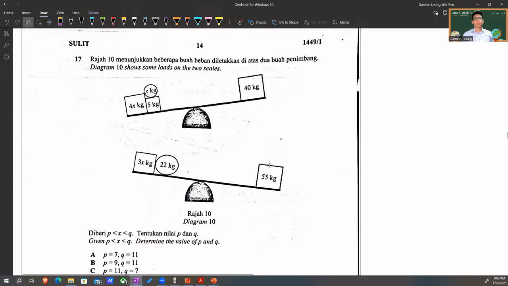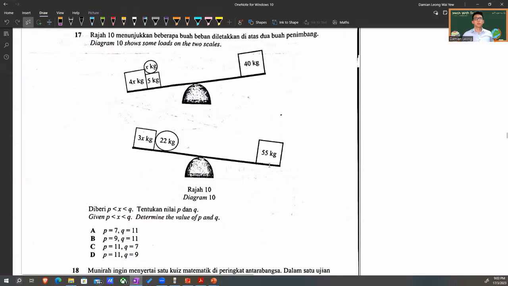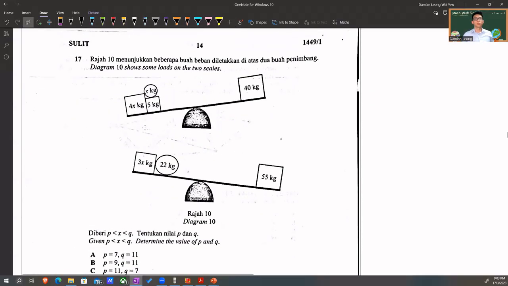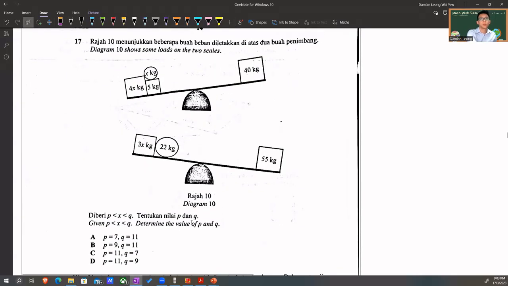So question 17. I have two scales here. P x is more than P, less than Q. I want to find P and Q. By using these two, I form two inequalities.